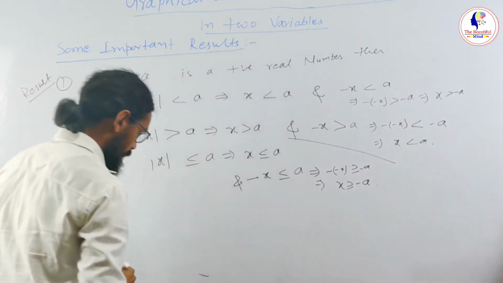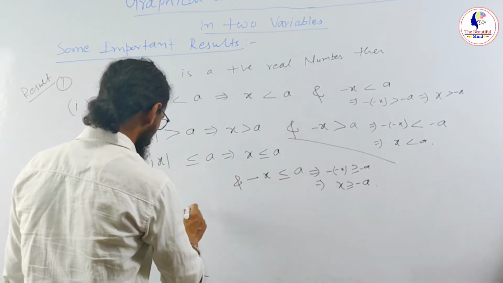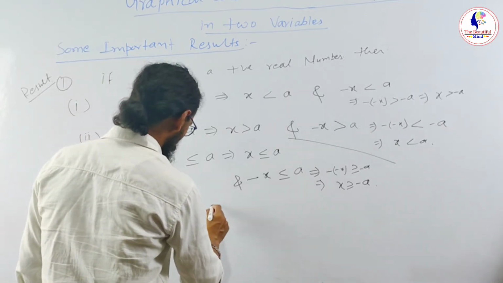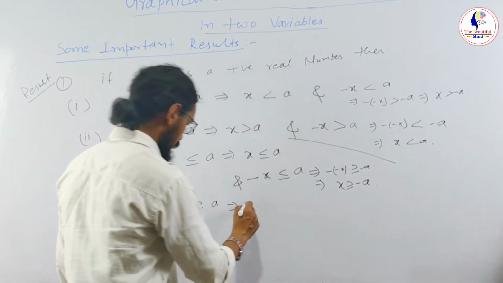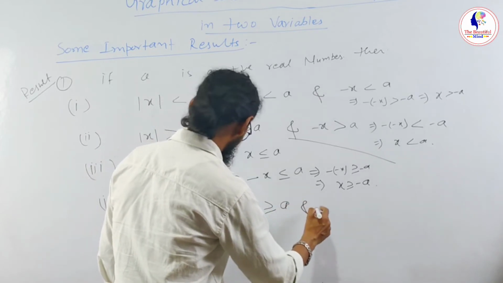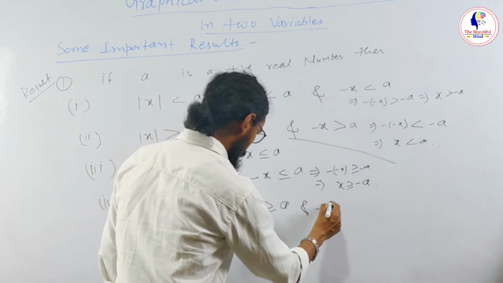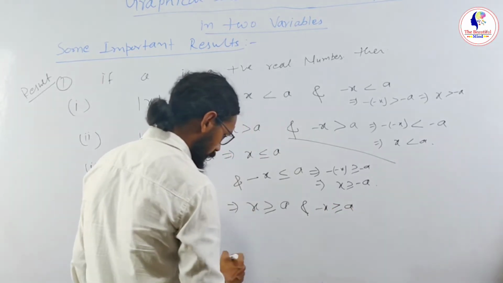Fourth is modulus x greater than or equal to a, which implies that x greater than or equal to a and minus x greater than or equal to a.